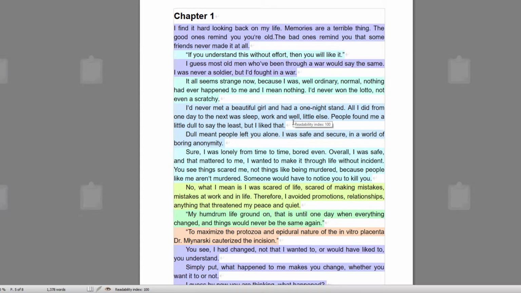So why is this important? It depends on the text that you're writing at the time. So being hard to read isn't necessarily a bad thing if you're trying to get across, say, a complex or very emotional or very emotive sort of subject.